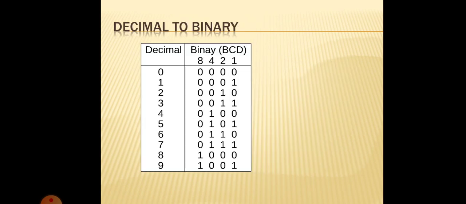Then here we have shown decimal to binary. It means if we want to represent a number in binary format, how can we represent it according to the decimal number. So this table shows that the decimal number 0 is expressed in the binary numbering system as 0000.